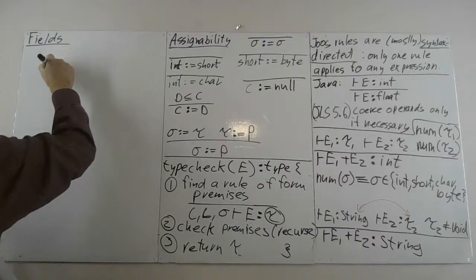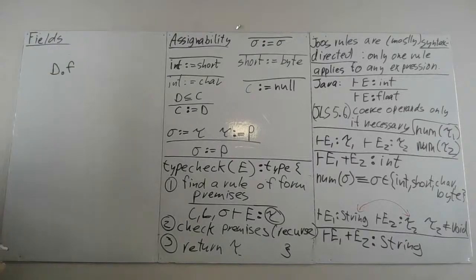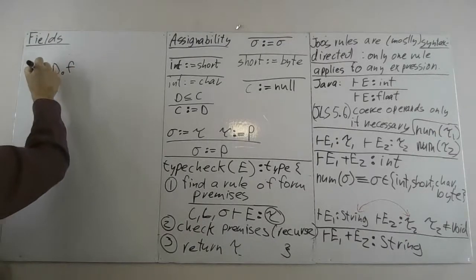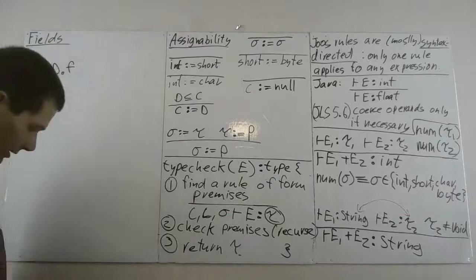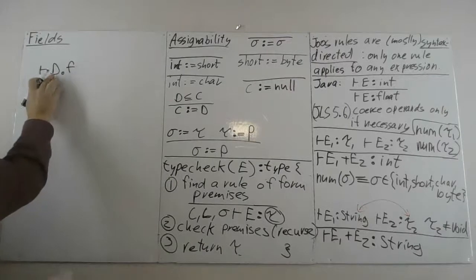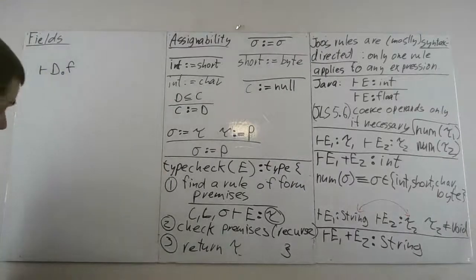Let's say you have d.f as your expression. Here f is a field, D is some class, and you want to know what the type of this is. This is an expression that reads field f. It has to be a static field because you're accessing f on a class.